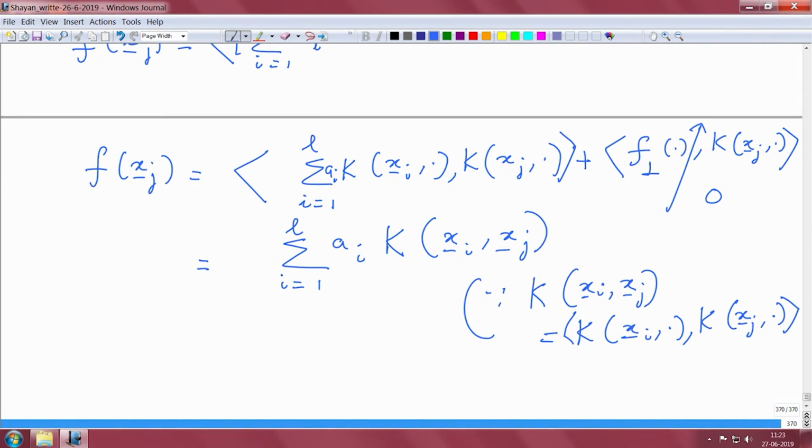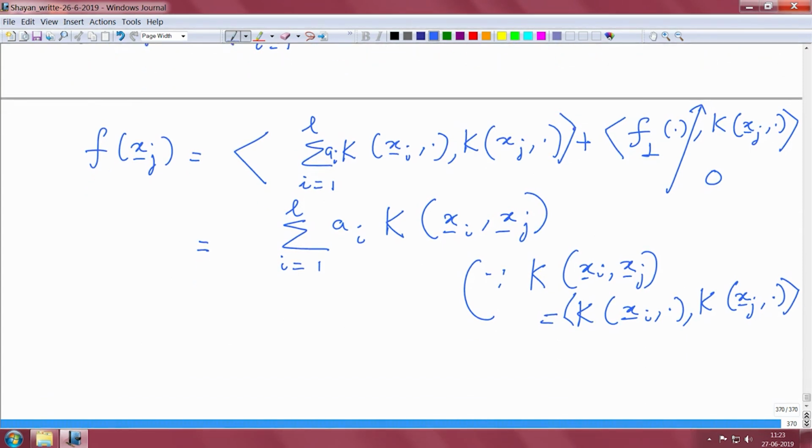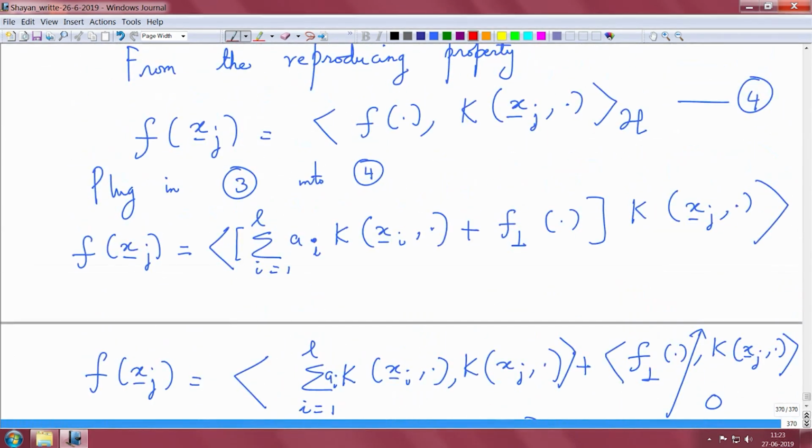So now what this means is I can express any function in a reproducing kernel Hilbert space as a linear combination of Mercer kernel functions. So these are Mercer kernel functions, and we have a linear combination of Mercer kernel functions, and that is how I can represent any function in the reproducing kernel space, right.